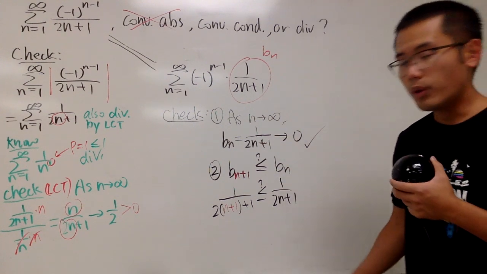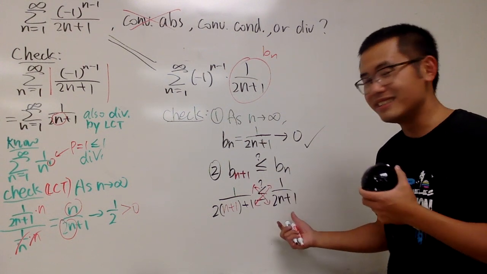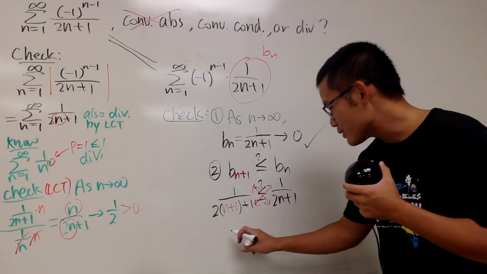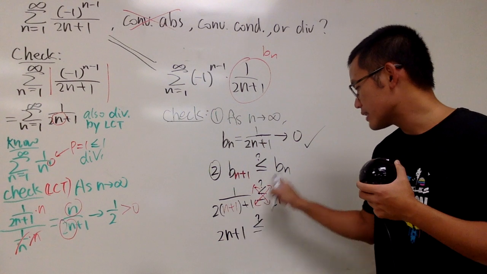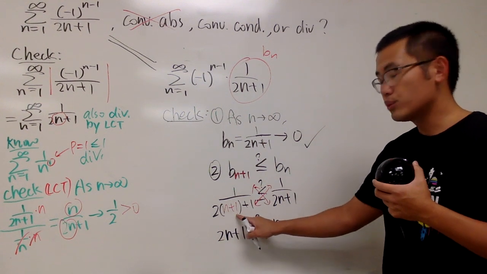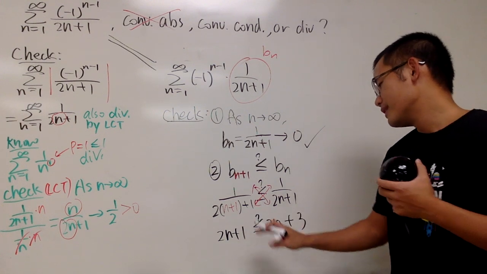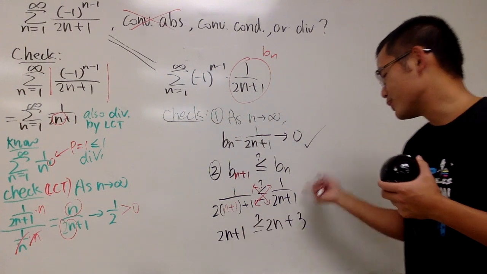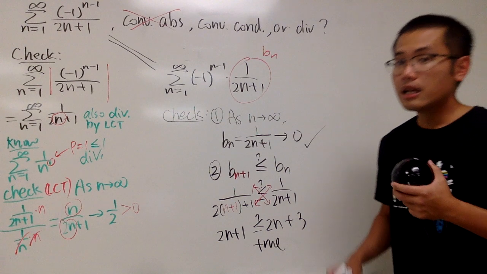Well, of course, let's just do the usual cross multiplication. It's easier this way. This times that is 2n plus 1. And is this less than or equal to this times that, which is 2n, and then this is 2 times 1, which is 2, plus 1 is plus 3? Is this true? Of course, you can cancel out the 2n. Of course, this right here is definitely true, right?